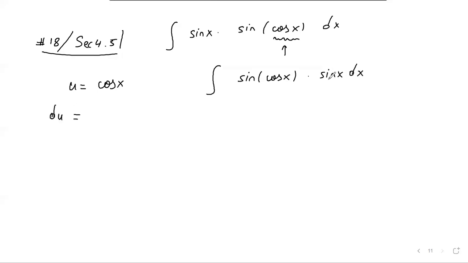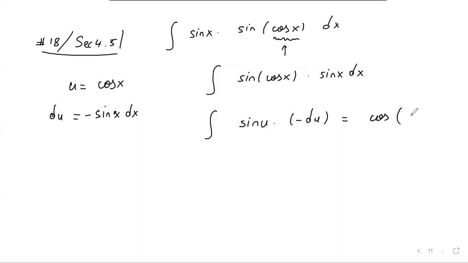du turns out to be the derivative here. So you see sine of something times the derivative of that thing. So it is sine x dx with a minus sign here. So what we'll have here is sine u times negative du. And that is going to be equal to, the antiderivative of negative sine u is cosine u.